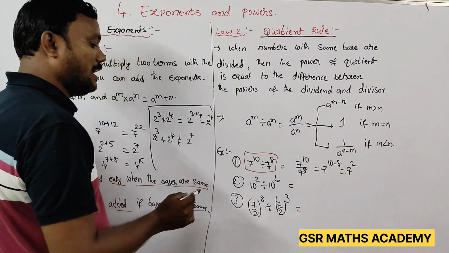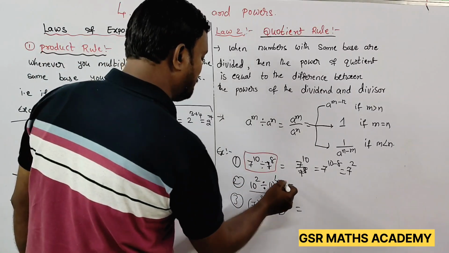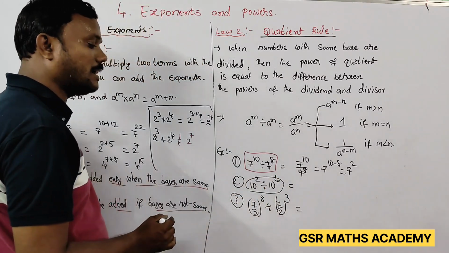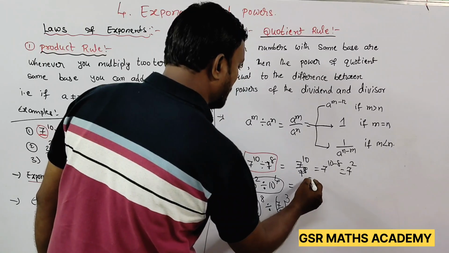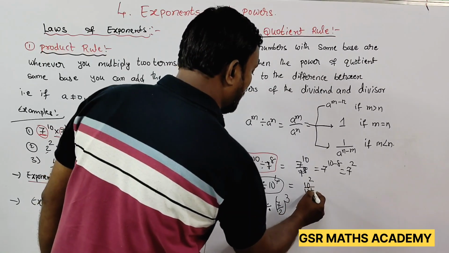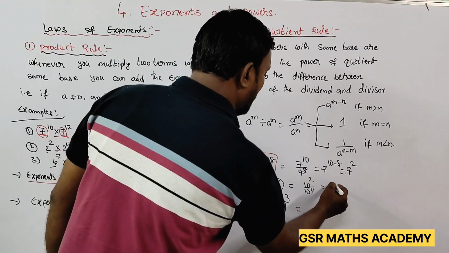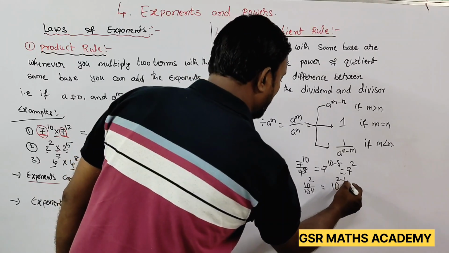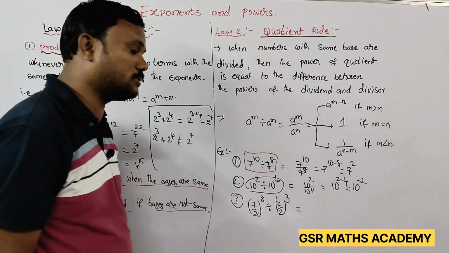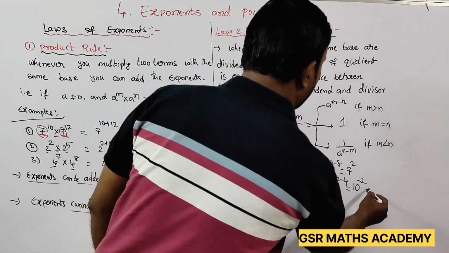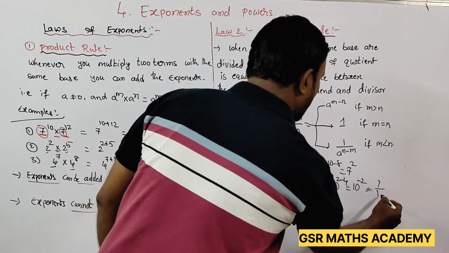If you take 10 to the power of 2 divided by 10 to the power of 4, this can be written as 10 to the power of 2 by 10 to the power of 4, then 10 to the power of 2 minus 4, which is 10 to the power of minus 2, and that can be written as 1 by 10 to the power of 2.